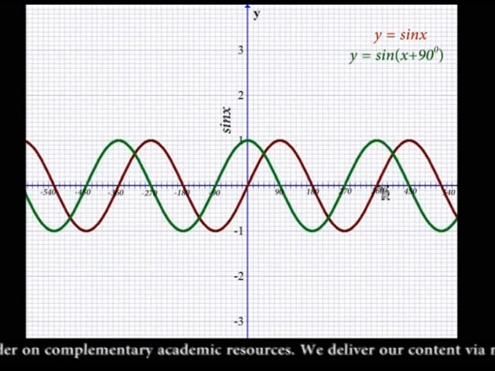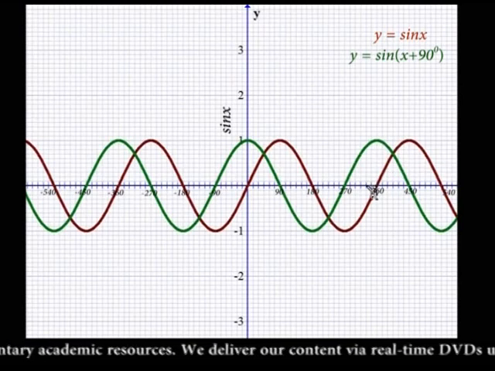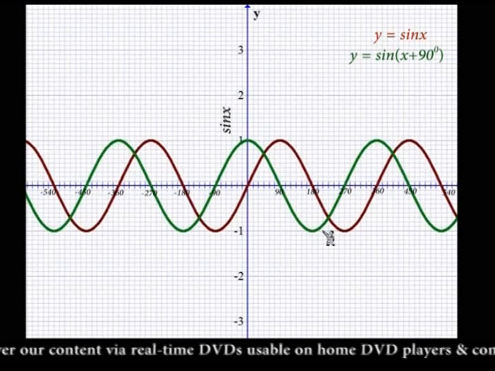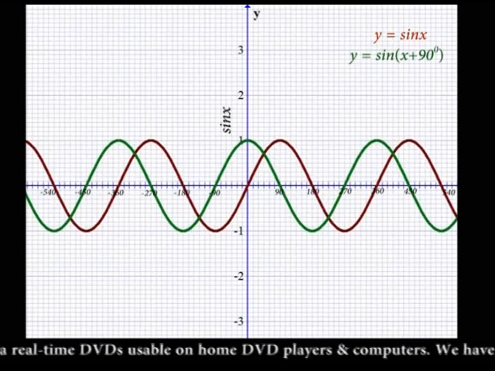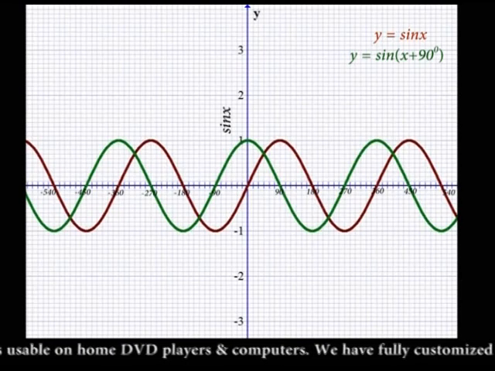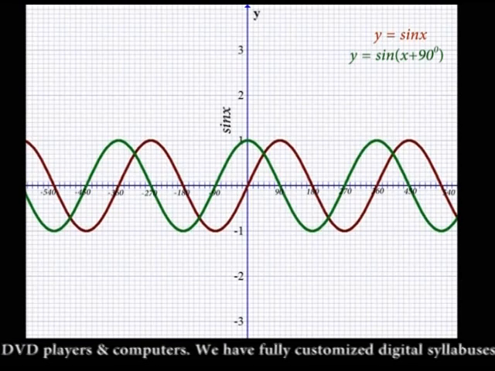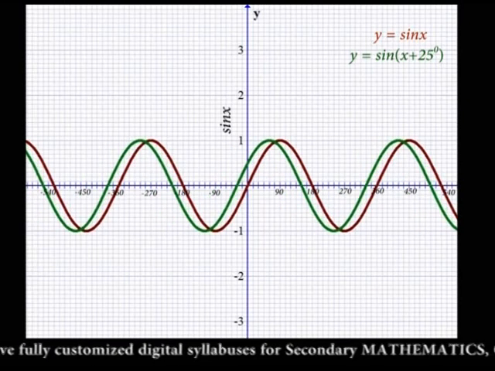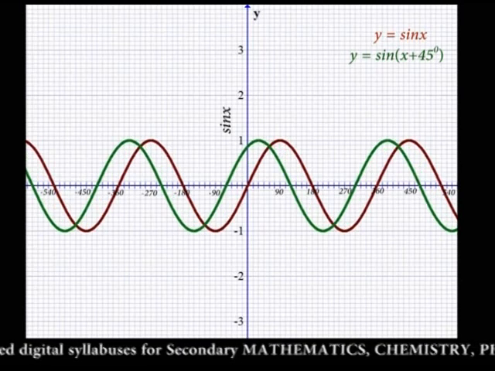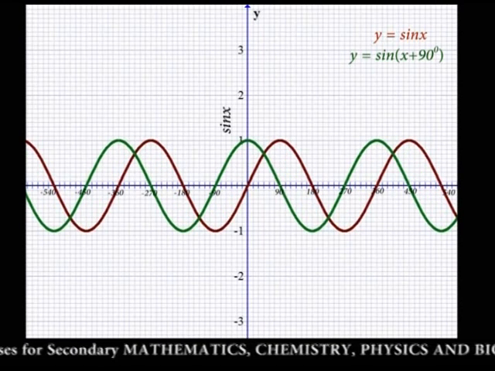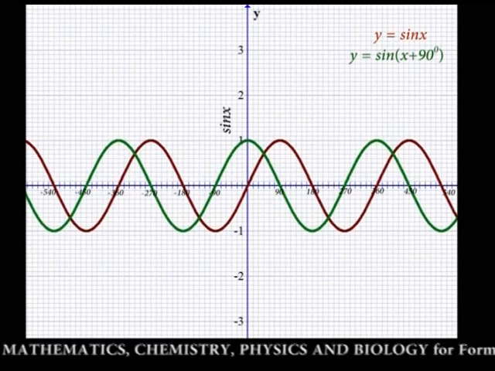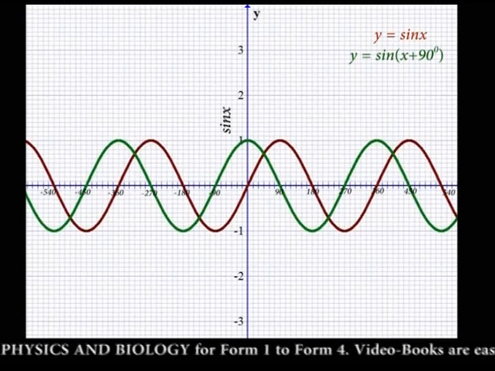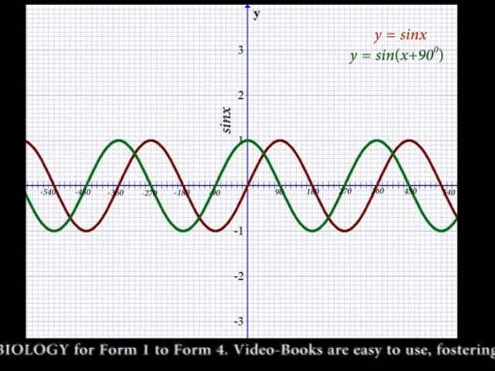Every point on the maroon graph, if I shift left by 90, will land on the green graph. 30, 60, 90 to the left. If we look at these shifts in small bits, as we increase our value C, we can see the graph is moving farther and farther to the left. So the constant added will shift to the left, and a constant subtracted will shift the graph to the right.